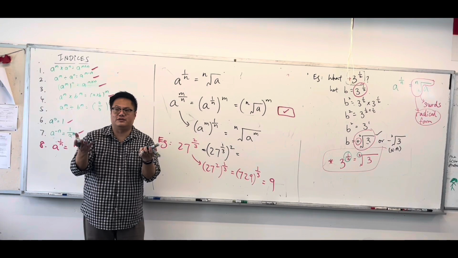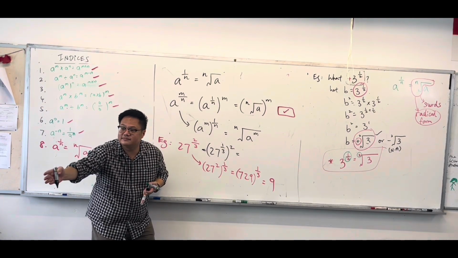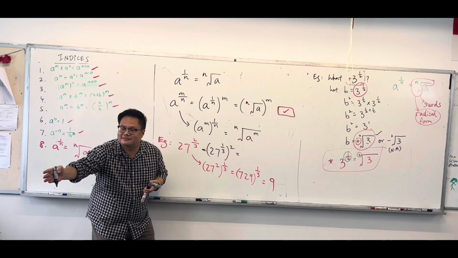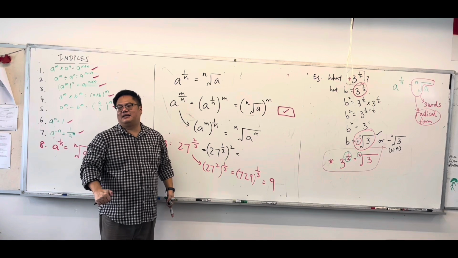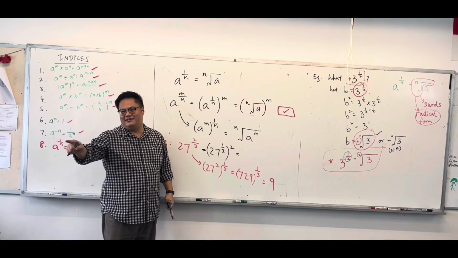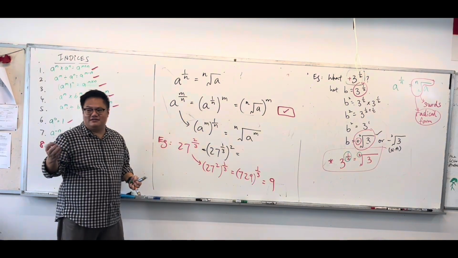Every child here knows what is cube root. Cube root of 27. Charlotte, what's the cube root of 27? Cube root, my dear, cube root. Something that gives you 27.